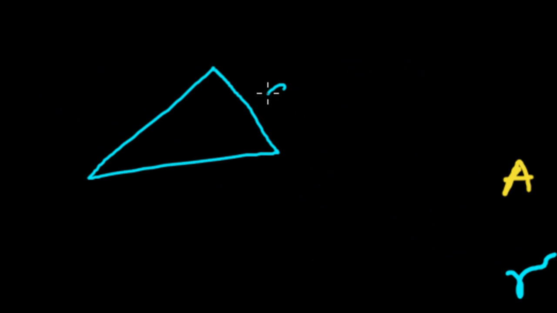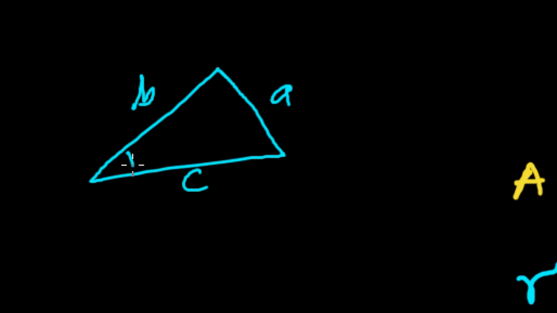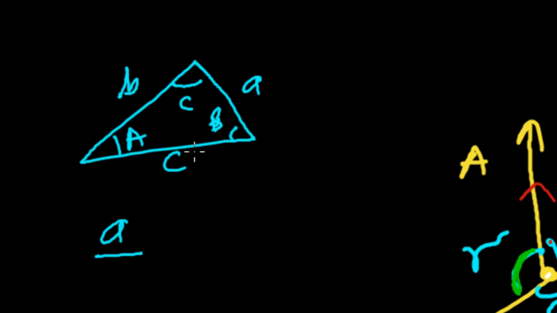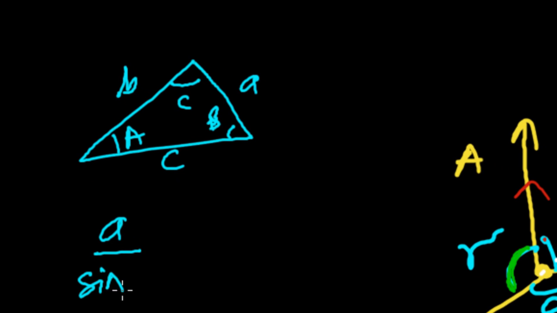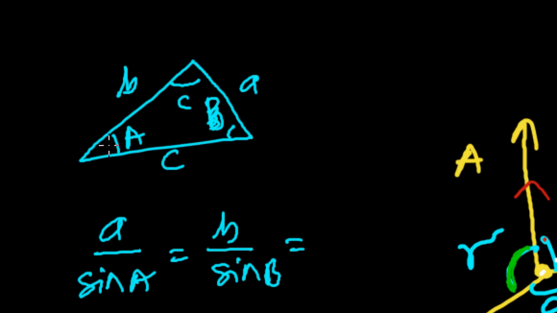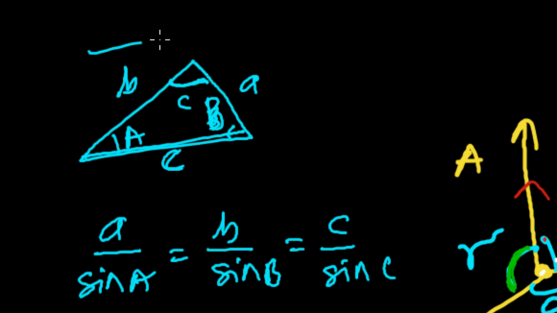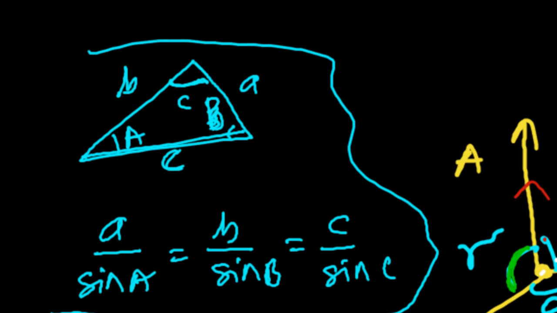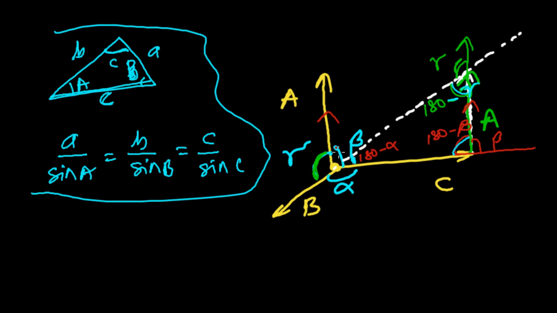The sine rule says that if this is side A, side B, side C, with opposite angles A, B, C, then any side is proportional to the sine of its opposite angle. Side A is proportional to sine of angle A, side B is proportional to sine of angle B, and side C is proportional to sine of angle C. This is the sine rule in short. Now exactly this concept I'm going to follow for this little triangle we have here.